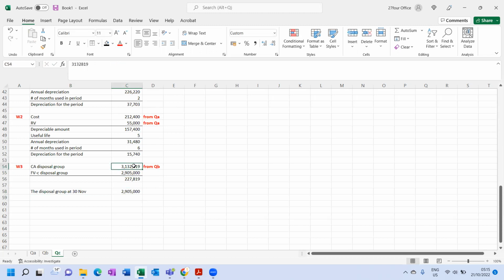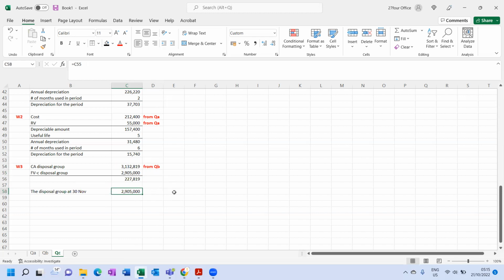Once we get that number, we'll have to process an impairment loss of 227, which will bring us to the fair value. So a disposal group, same with a non-current asset held for sale, needs to be recognized at the lower of carrying amount and fair value less cost to sell. So that is carrying amount. So fair value less cost to sell is the 2905. So therefore, the disposal group is that.